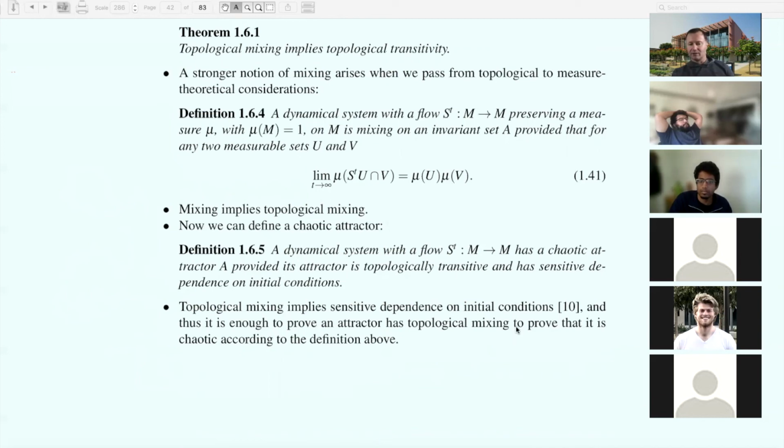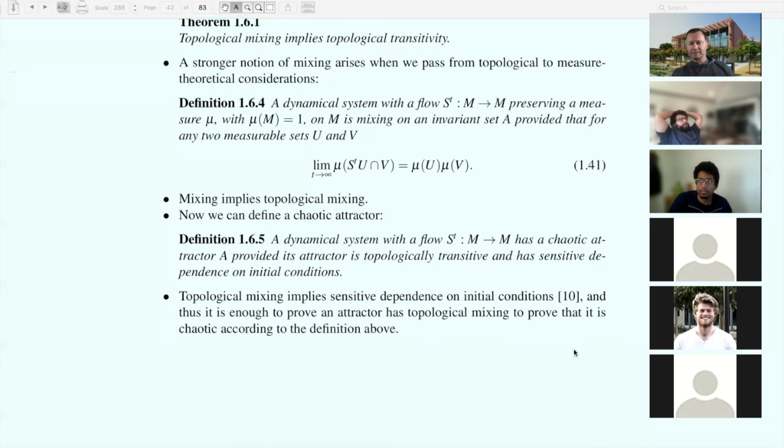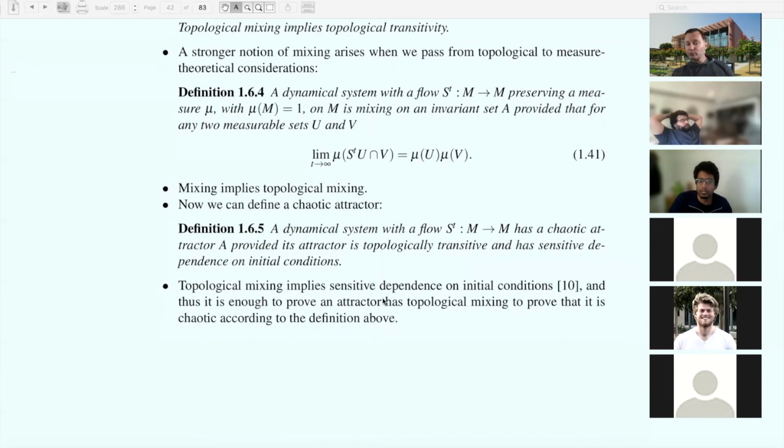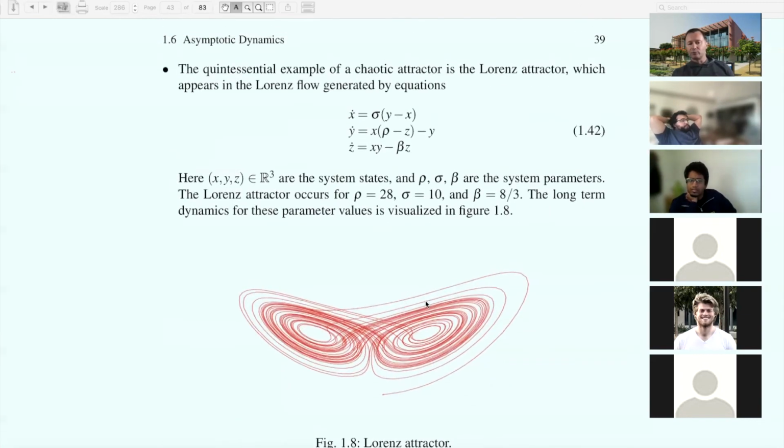I'm not going to prove that, but I'll post a reference that proves that. So it's enough to prove that the attractor has topological mixing in order to prove that it's chaotic. But of course, you can also prove that the attractor has mixing in this measure-preserving sense in order to prove topological mixing. And that's really used in proofs for dynamical systems with attractors like this.